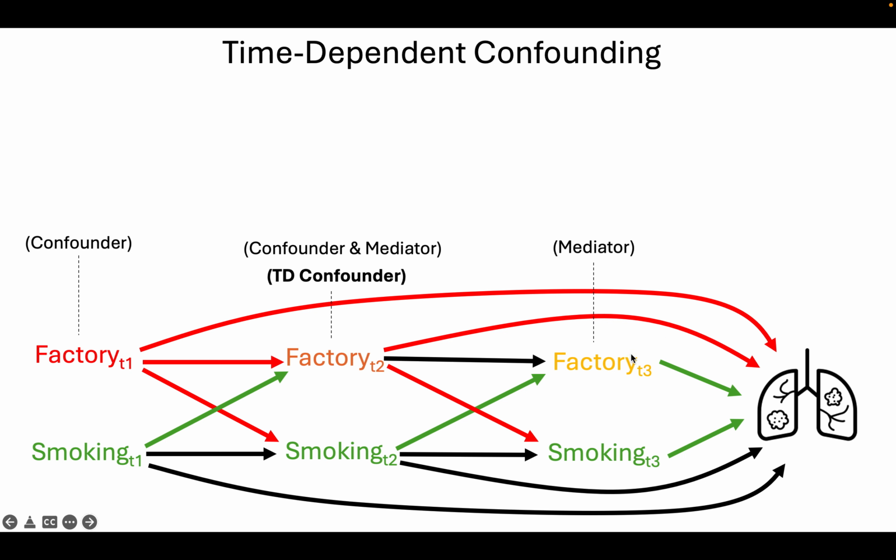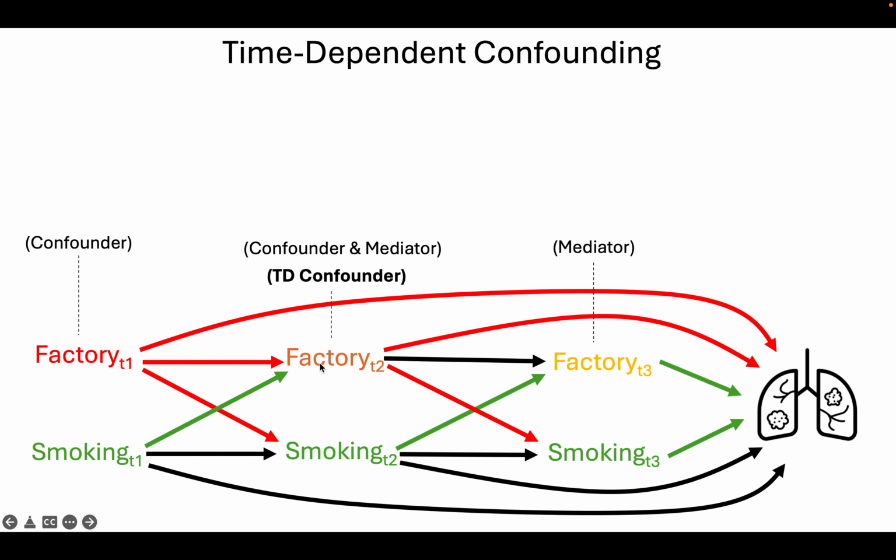Skipping to factory 3, because factory 2 is the one I'm going to talk about most. Factory 3 is simply a mediator of smoking at time 2. We want this whole effect of smoking, everything on the causal path, and it is a mediator of that effect, but it is itself not a confounder. It isn't pointing at any of the versions of smoking here. So factory at time 3 is just a mediator.